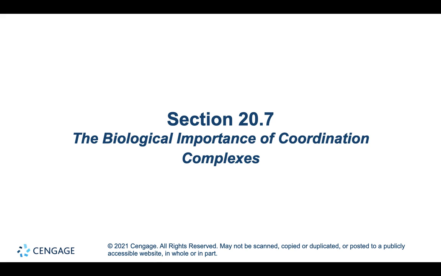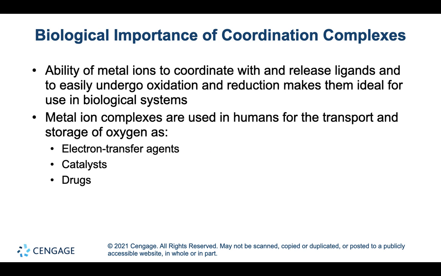Okay, so now looking at some applications of coordination of transition metal chemistry. First, in biology, we see a lot of metal ions coordinating with, linking to and releasing ligands to undergo oxidation and reduction. So this is actually very good in biology. You can use them as electron transfer, electron transport. They can be catalysts or drugs.